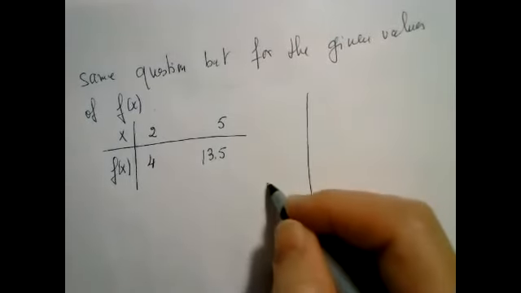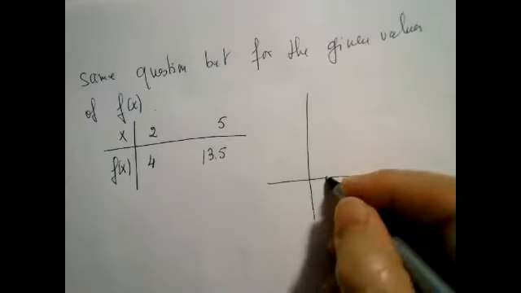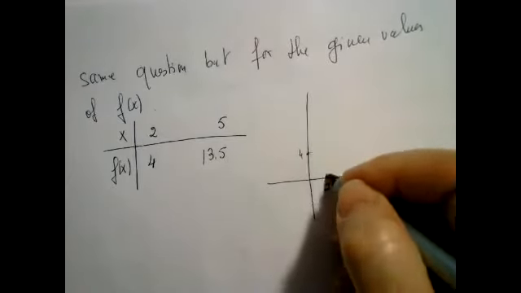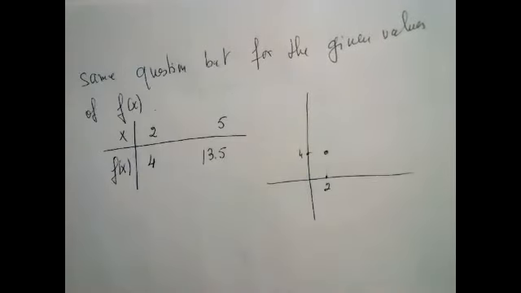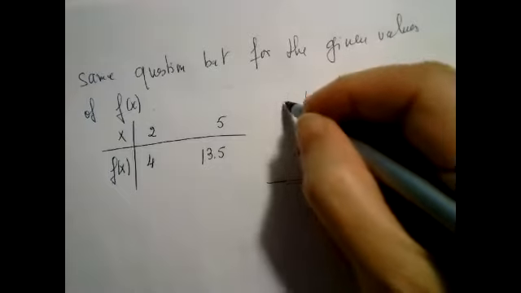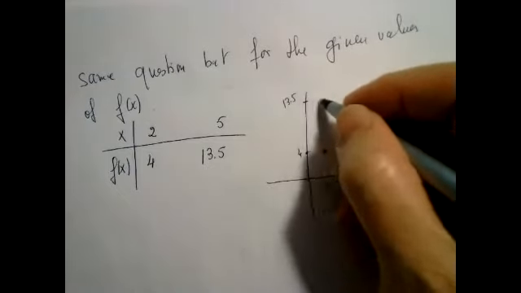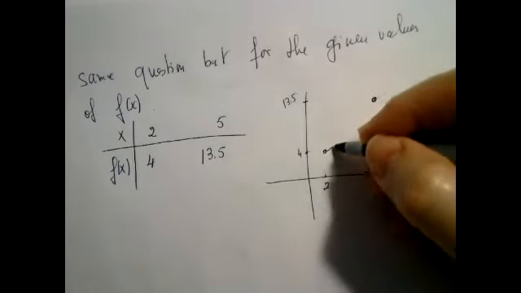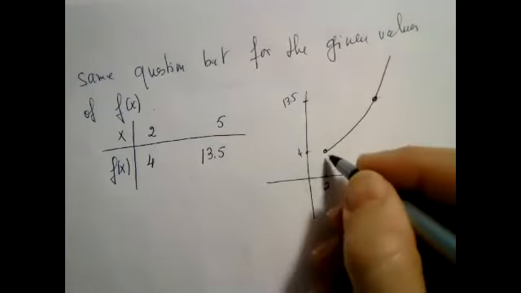So graphically, I want the function to take 2 to 4. This is 4, that's a point, and 5 to 13.5. So that's an increasing function, that's my function.